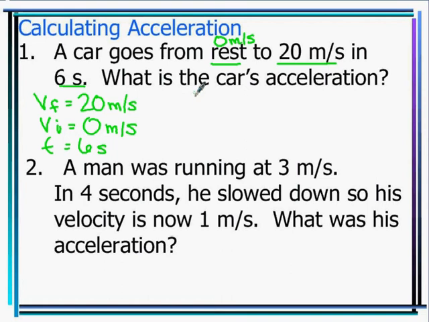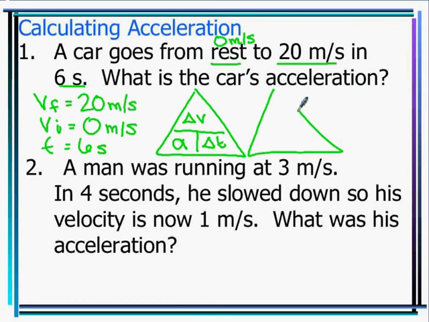So now I'm going to draw my triangle, and I'm going to plug in my values. So acceleration equals change in velocity over my change in time. So I'm going to plug them in. Well, I'm solving for acceleration, so I leave that. My change in velocity is my velocity final minus my velocity initial. My change in velocity is 20 meters per second, because 20 minus 0 is still just 20.